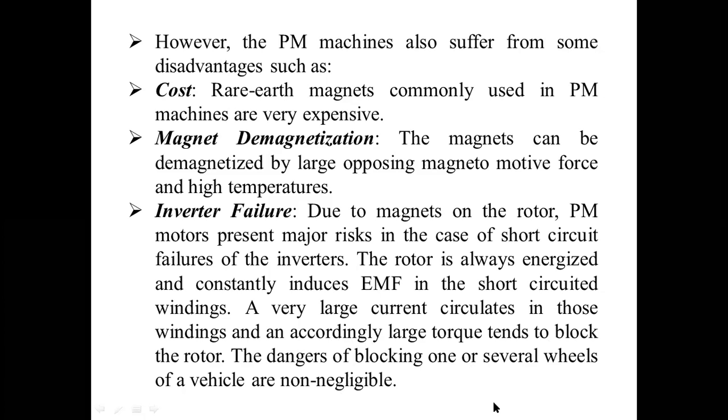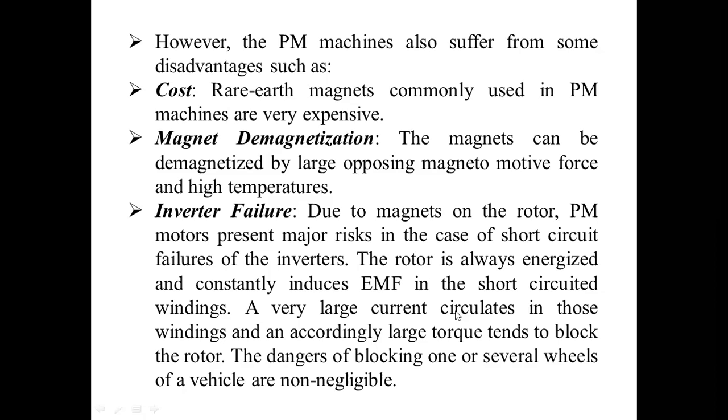What is the condition of inverter failure here? Due to the permanent magnets on the rotor of a BLDC motor, permanent magnet motors present a major risk in the case of short circuit failures of the inverters. Nothing but a problem of the inverters short circuiting. Inverters convert DC to AC or AC to DC.